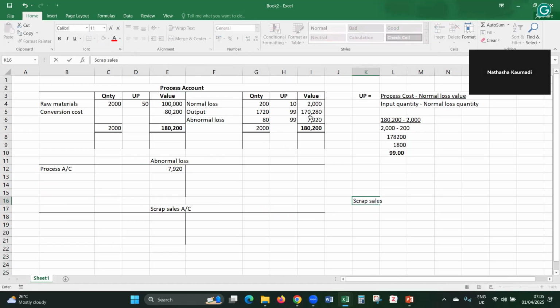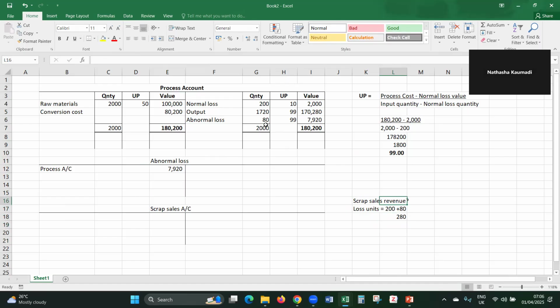Now, how many loss units in kilograms were there in total? You had 200 normal loss. Anyway, you had a loss of 200 kilograms, plus you have an abnormal loss of 80 kilograms as well. Altogether, you had 280 kilograms as your loss units.